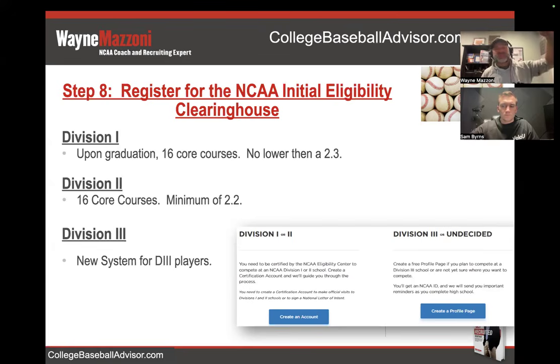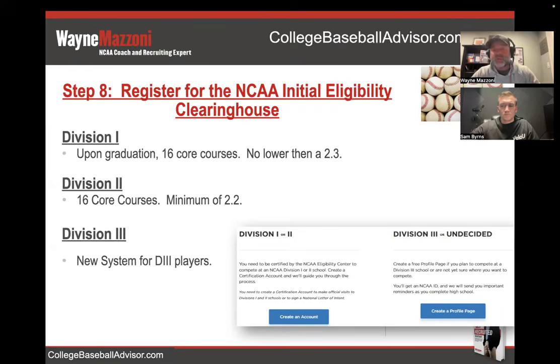It used to be a whole sliding scale between your GPA and your SAT or ACT scores. They've now changed that. But I want to be thorough because there'll be 30 kids in the country that don't do this right and blow their whole opportunity to play college baseball.